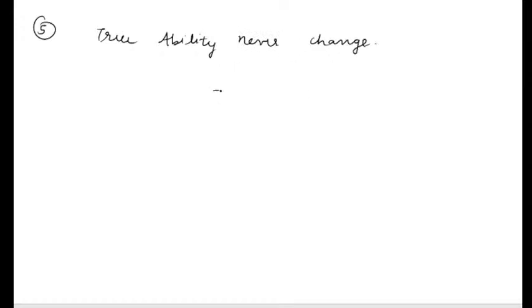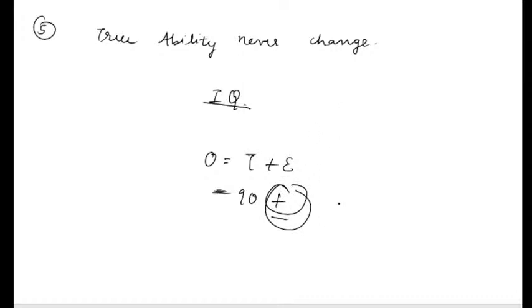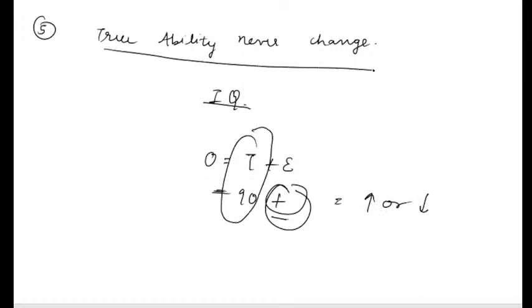For example, if I was calculating the IQ of the person, the observed score is equal to true ability plus error, or the true score plus error score. So if they were supposed to get a 90 on that particular scale, and maybe by chance they had an error, positive or negative, due to which their score increased or decreased, the true ability that the person has will never change.